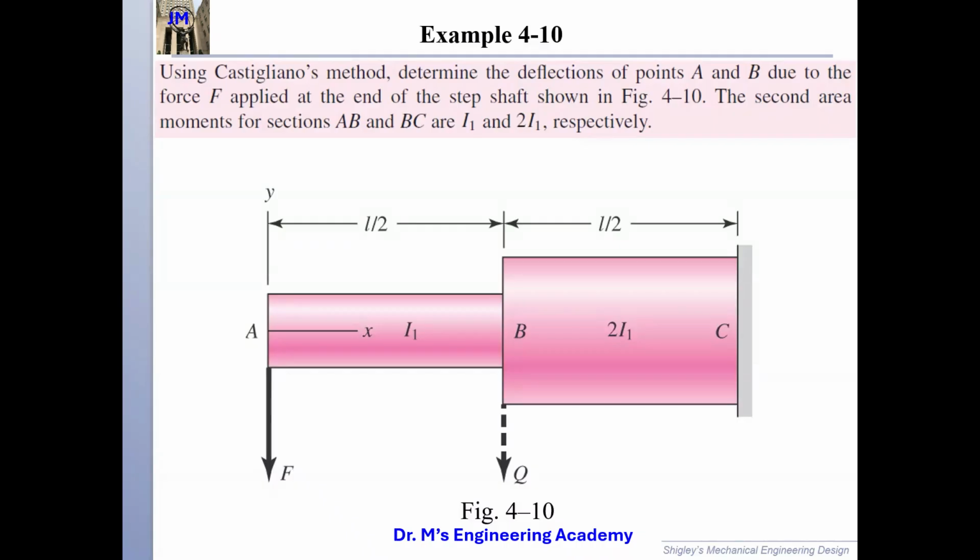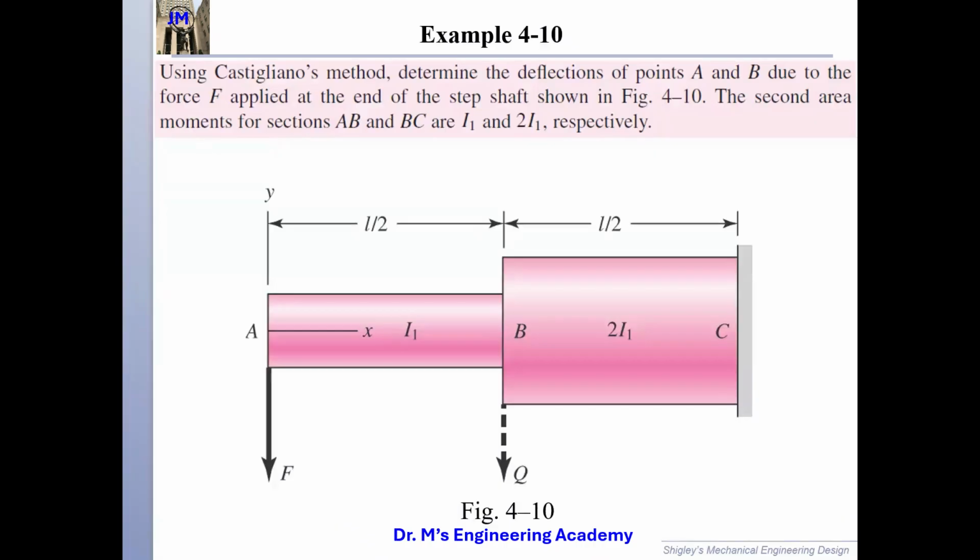And then this is M. You can just plug in M equals Fx. M equals F multiplied by X. And then you will know dM over dF equals X. And you can just plug in.